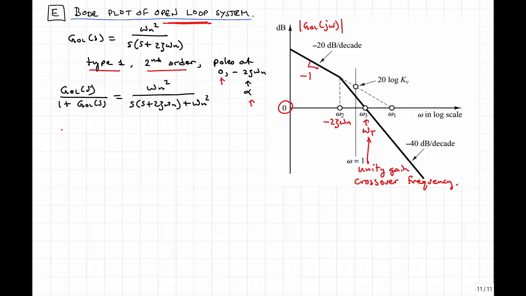Okay, omega t is going to be the frequency at which the magnitude of the open loop transfer function is equal to 1. And in the notes here I have derived, or you can go look at the textbook, it derives the value of omega t, but I'll just give the result here.